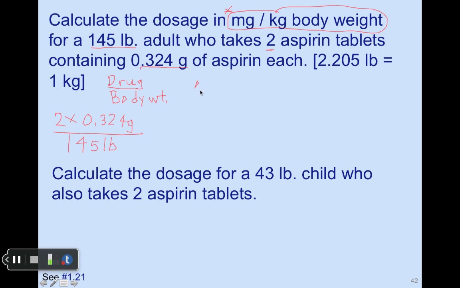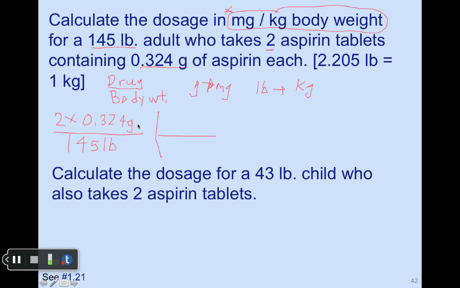To do so, we're going to have to convert grams to milligrams. That was supposed to be an arrow. And then we have to convert pounds to kilograms. All right. Now, it doesn't matter in which order you choose to do these conversions.